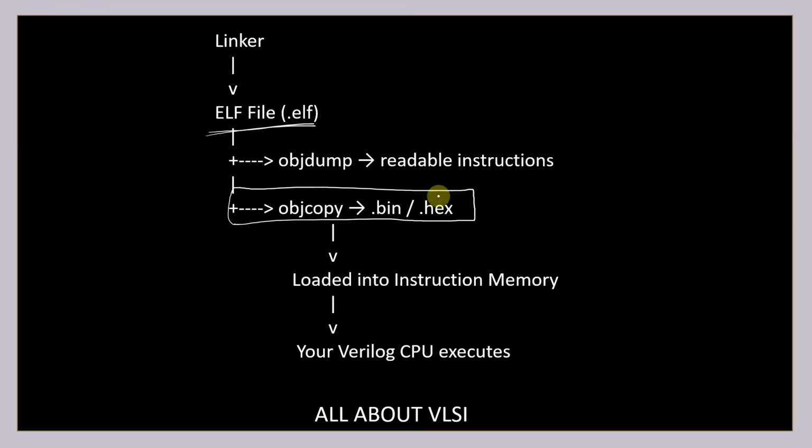This binary or hexadecimal file will be loaded into the instruction memory, and the code which we have developed is going to fetch the instructions from our instruction memory and execute them, and we are going to look at how it is performing. So this is what I'm planning for this RISC-V design course. We will be starting this course shortly, so that's about this introduction.